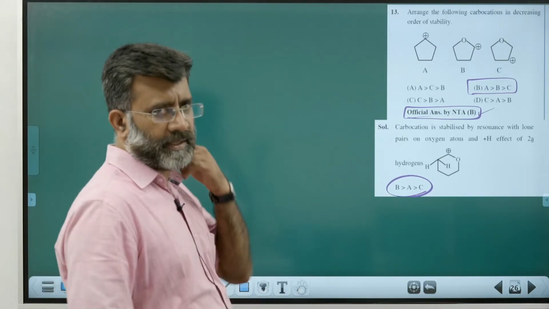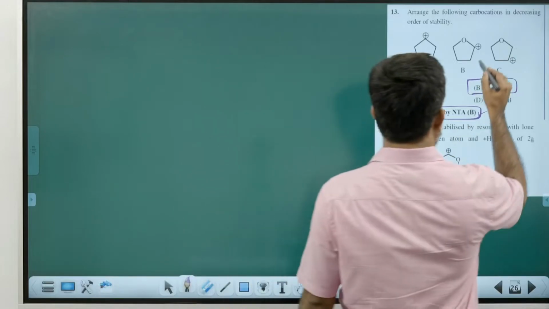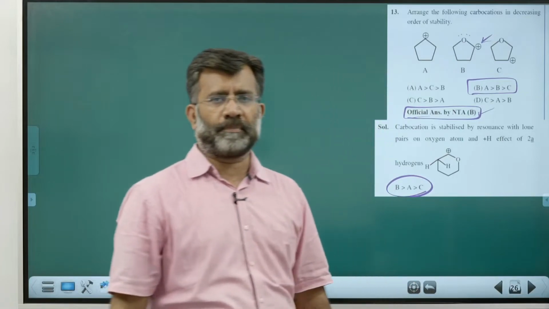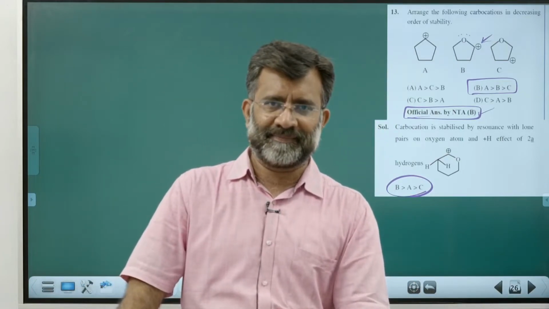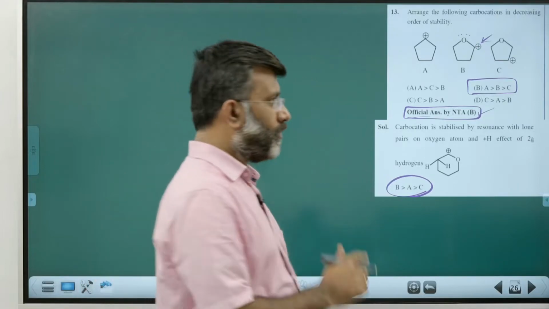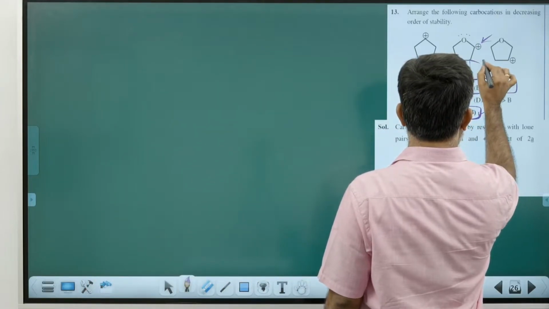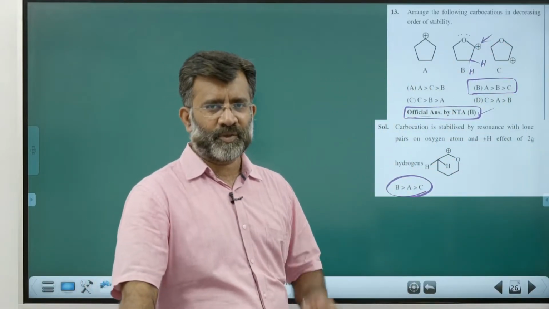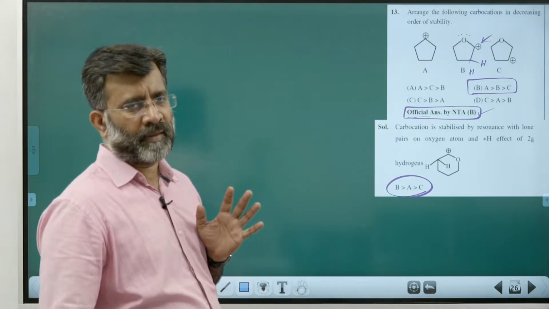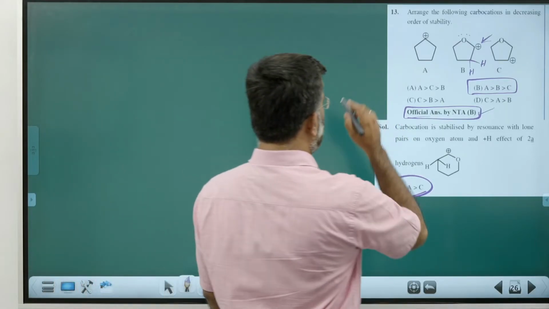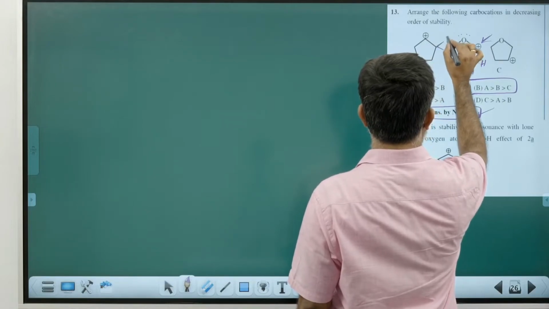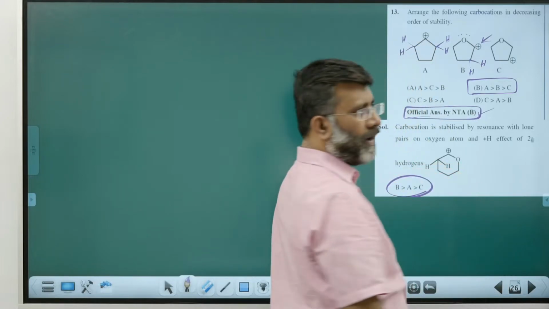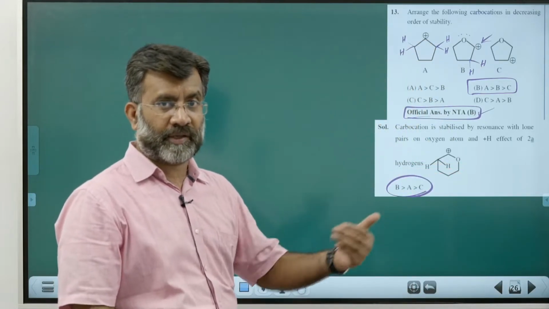Why is B maximum? B is maximum because this carbocation can be stabilized by the resonance effect of the lone pair of electrons on oxygen. Moreover, here you have two alpha hydrogen atoms which can stabilize this system by hyperconjugation. So B should be maximum. Now, what about the next one, A? Here this carbocation may be stabilized by the hyperconjugative effect of these four alpha hydrogen atoms. Therefore, A is next.